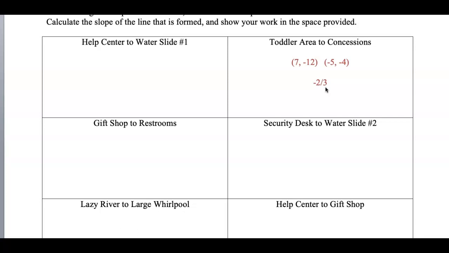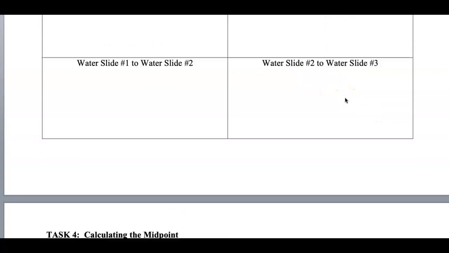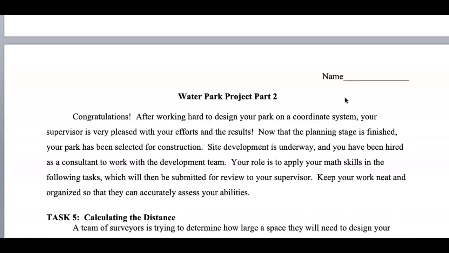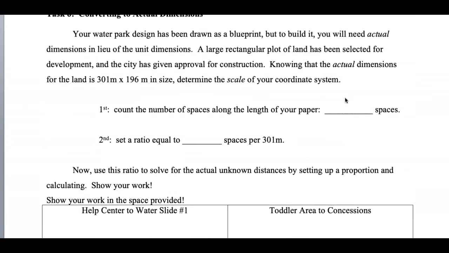I'm going to use the slope, negative 2/3, and pick one of the points, whether that's 7, negative 12, or negative 5, negative 4. I only need to pick one of them. I'm going to pick negative 5, negative 4, and use the slope that I found, negative 2/3. Now I go back to task 7.